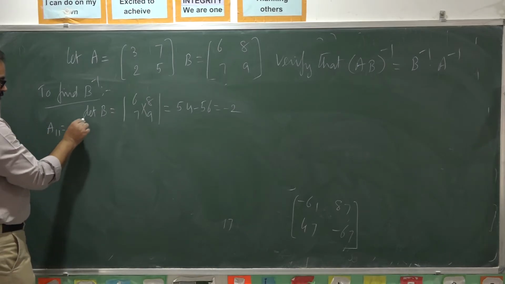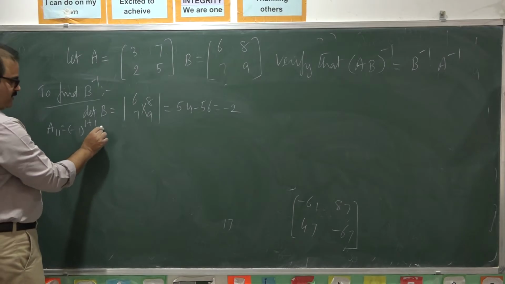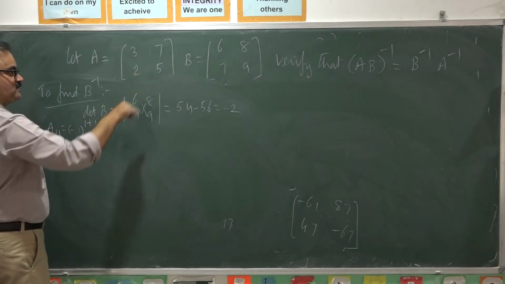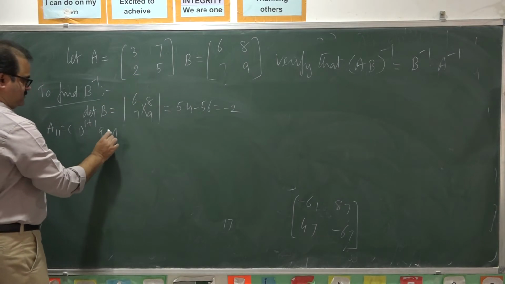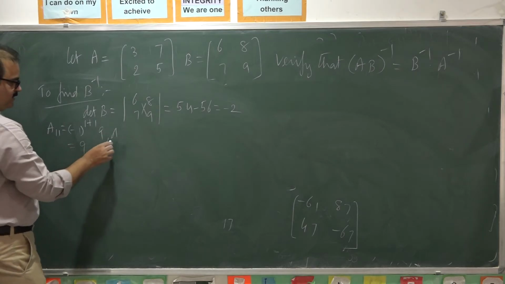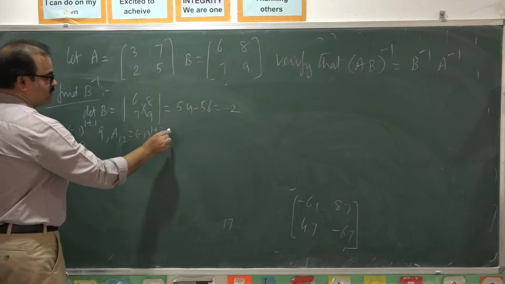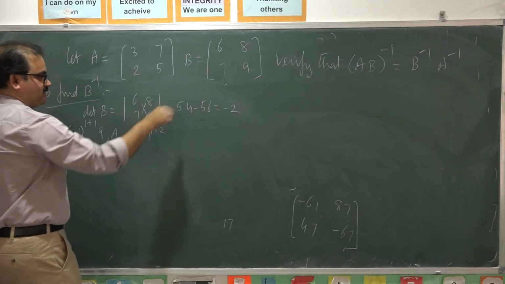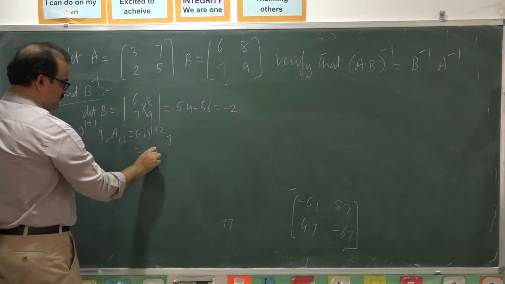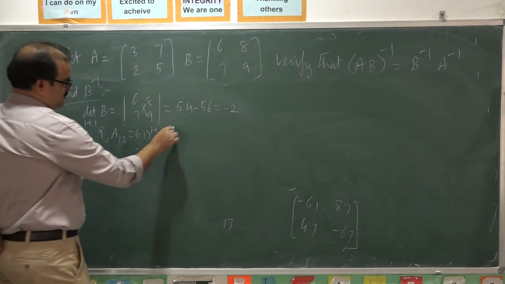A11 is equal to minus 1 to the power of 1 plus 1 into 9. You delete first row and first column. That is equal to 9. A12, you delete first row and second column. 7, minus 7.